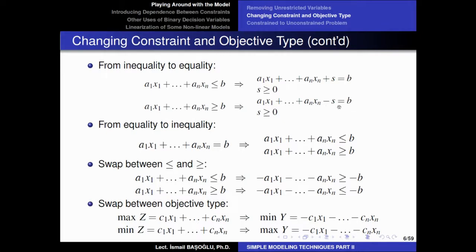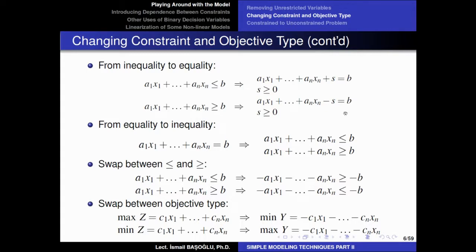Now, this s is called the surplus variable because we have a total activity level on the left-hand side, which should exceed the right-hand side. So there is a minimal amount of activity that we need to perform. However, if you perform more than this minimum level, you are adding a surplus activity on the left-hand side.